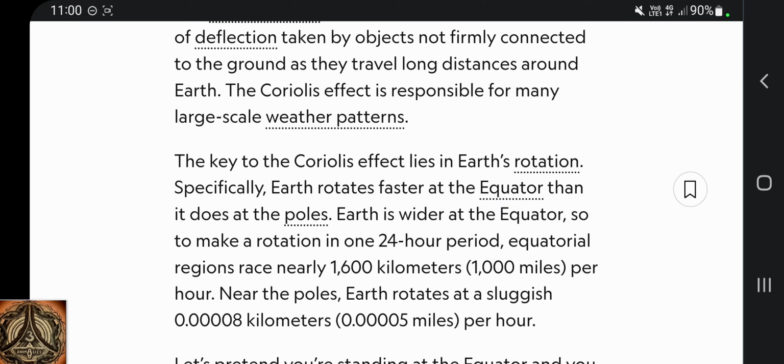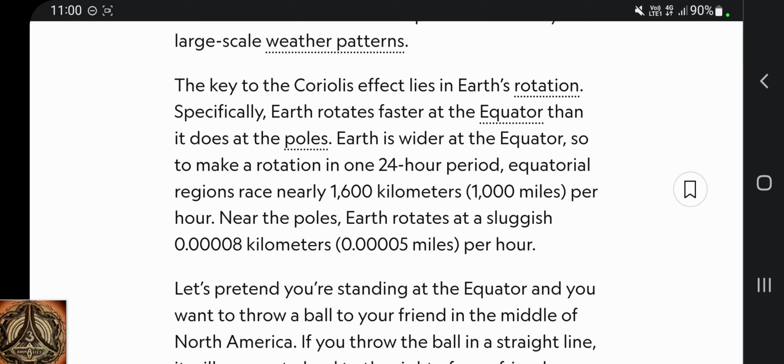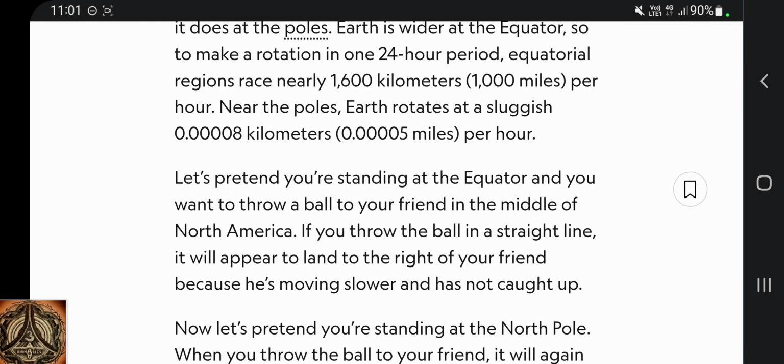Specifically, Earth rotates faster at the equator than it does at the poles. Earth is wider at the equator, so to make a rotation in a 24-hour period, equatorial regions race nearly 1,600 kilometers per hour. Near the poles, Earth rotates at a sluggish 0.00008 kilometers per hour.